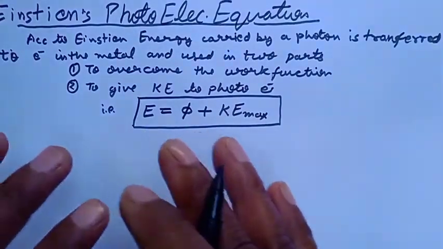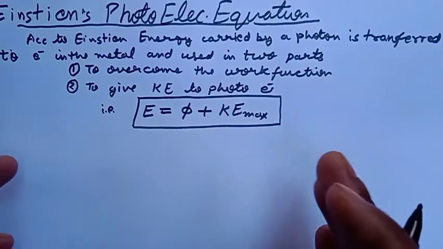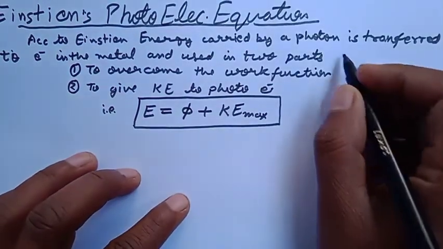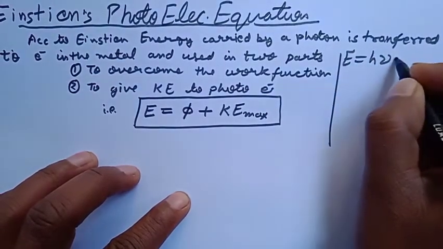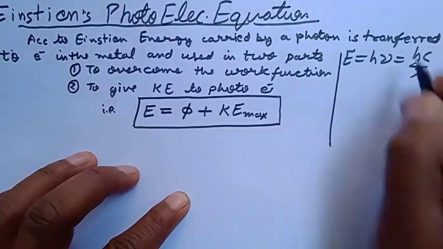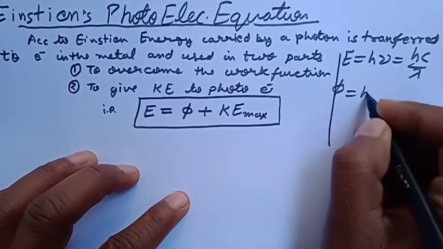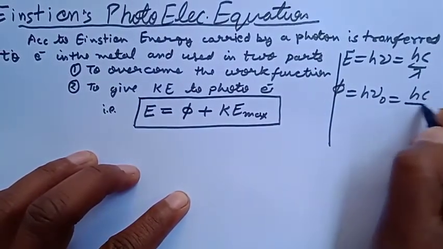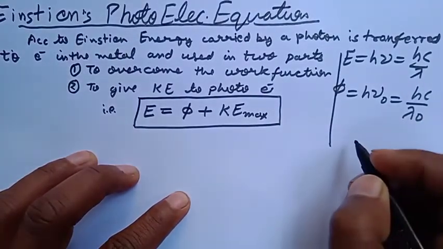But now I will elaborate this equation, because we know that E equal to h nu, and E equal to hc by lambda also. This is the energy of the incident photon. Phi equal to h nu naught, threshold frequency, and also hc by lambda naught, threshold wavelength.